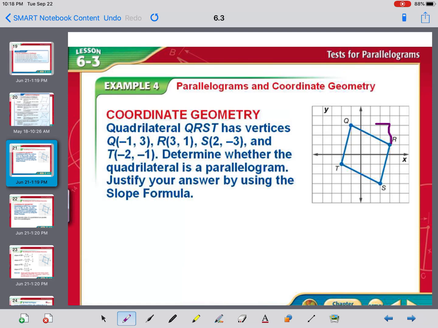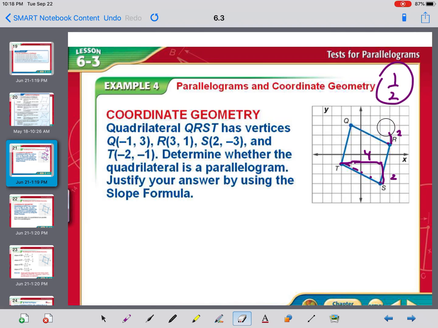What I'm going to do in this case is rise 2, run 1, 2, 3, 4. If I rise 2 and run 4, the slope is 1/2. For this side, I rise 2 and I run 4. Rise 2, run 4. The same slope.